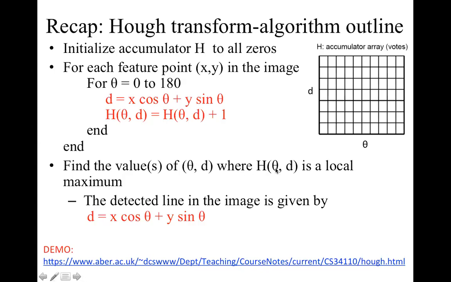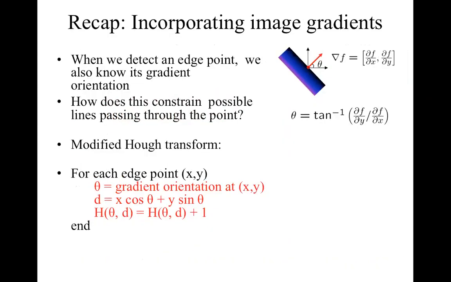You find the theta star and d star, which correspond to the cell with the maximum number of votes, and then your detected line in the image will be given by the equation where d star and theta star are known because you have determined them based on your matrix H, and x and y will be your unknowns. So you will see this equation in x and y.